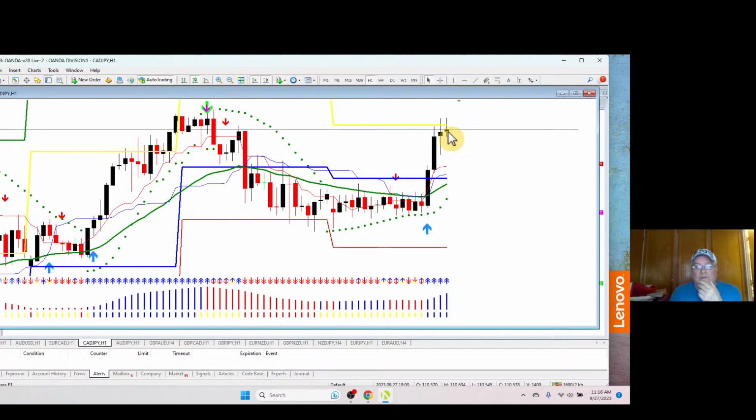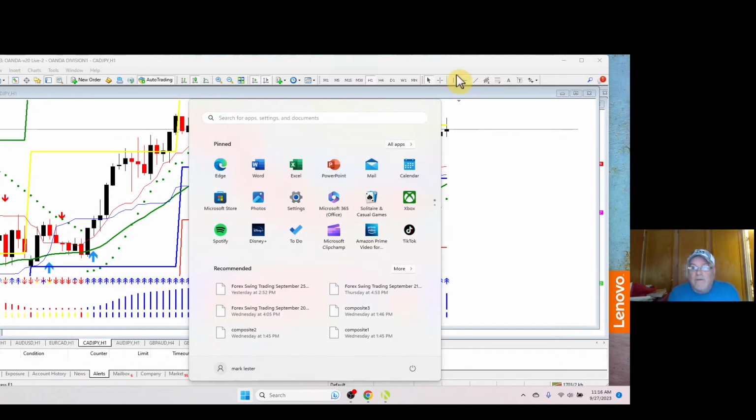CAD yen. If I want to sell. Again, let's see. Yeah, I've had 3 trades. 1 trade, I'm in 2. I tell you what, let's do a small one. What happened there?